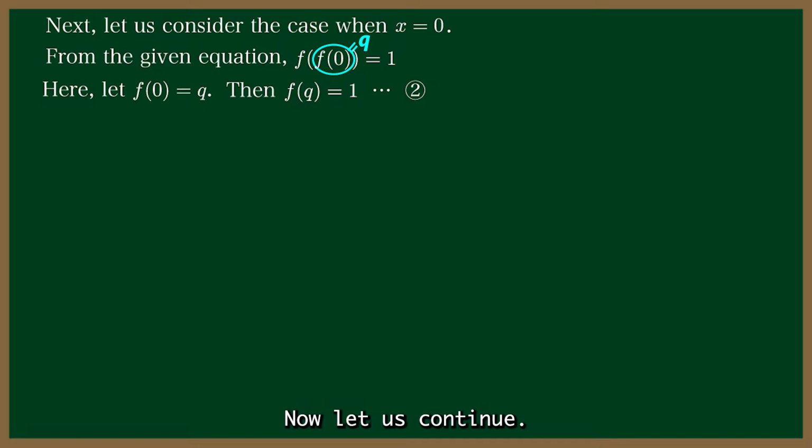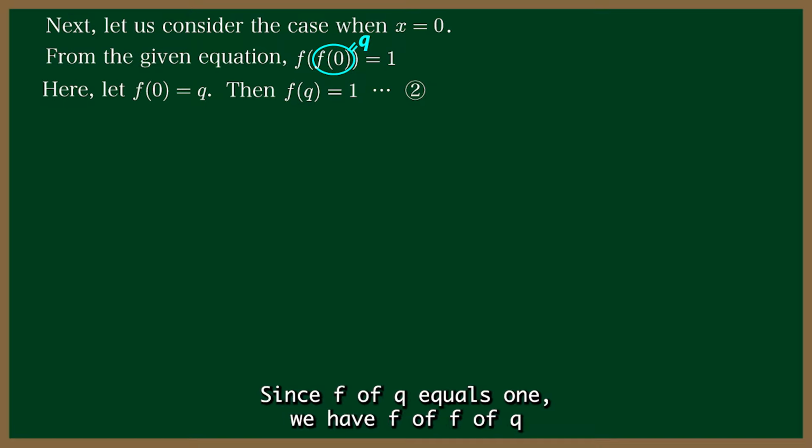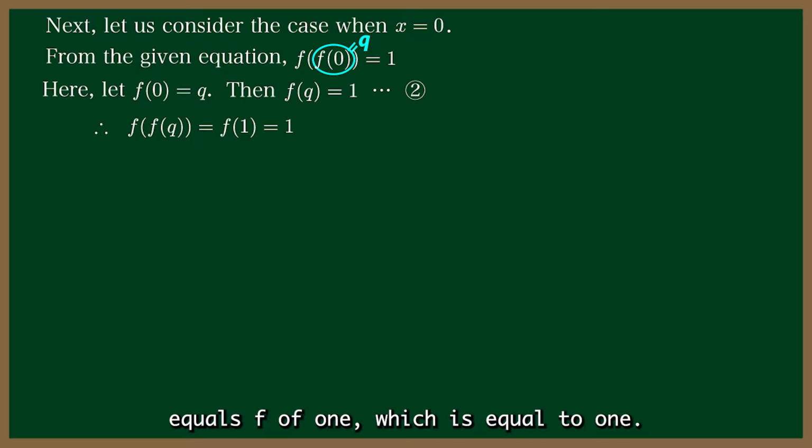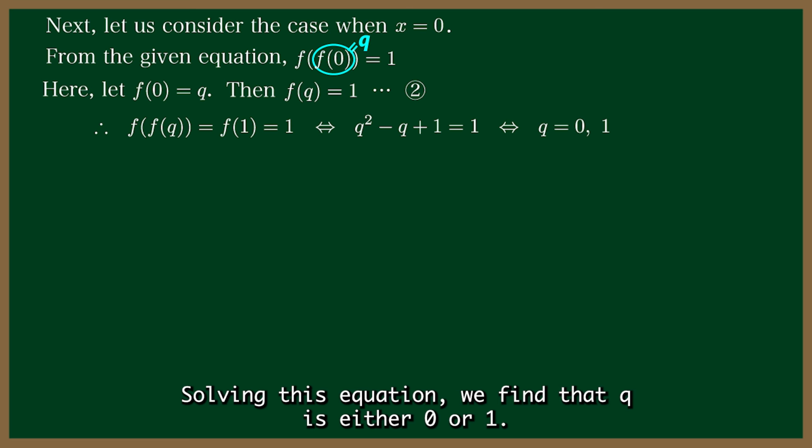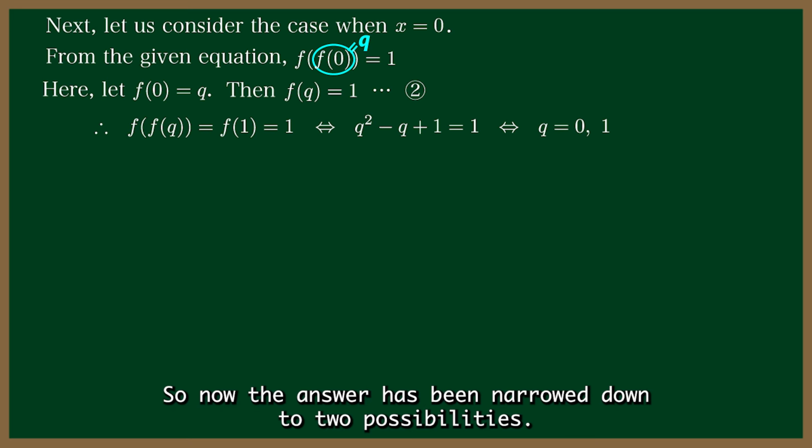Now, let us continue. Since f(q) equals 1, we have f(f(q)) equals f(1), which is equal to 1. From this, we obtain the equation q squared minus q plus 1 equals 1. Solving this equation, we find that q is either 0 or 1. So now the answer has been narrowed down to two possibilities.